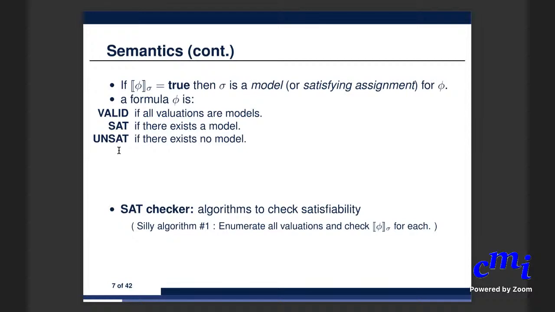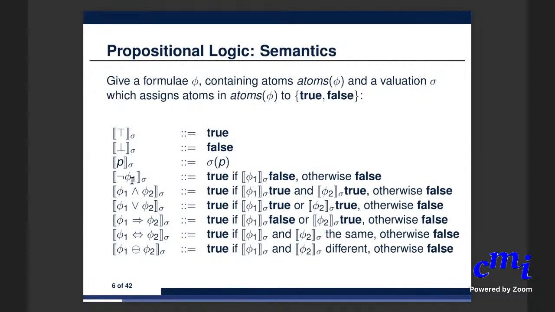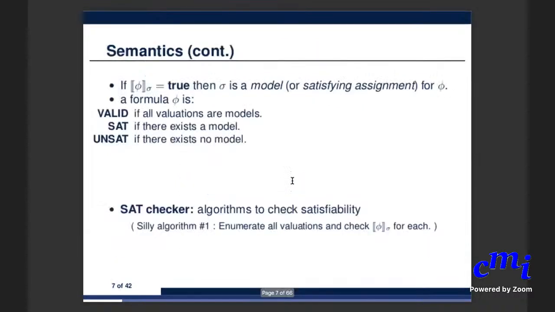And that's because of the way that we define the meaning of negation: it is true if and only if the subformula is false. Now, we will talk about a deduction system which has only a single inference rule to do it. Usually satisfiability checkers are methods or algorithms to check satisfiability.